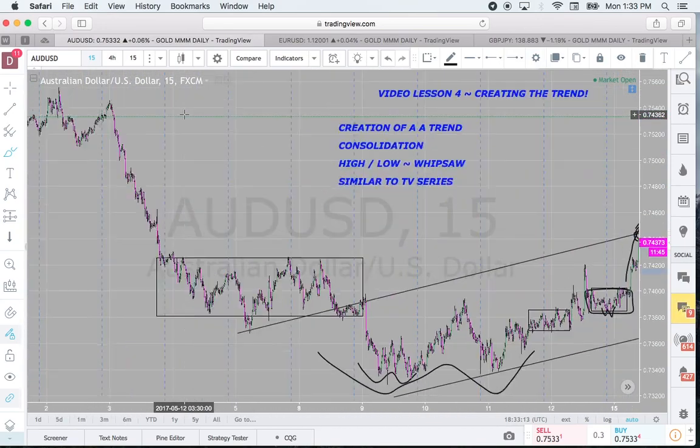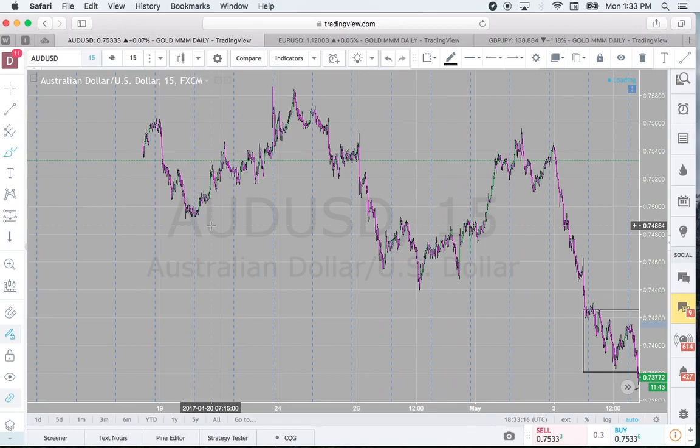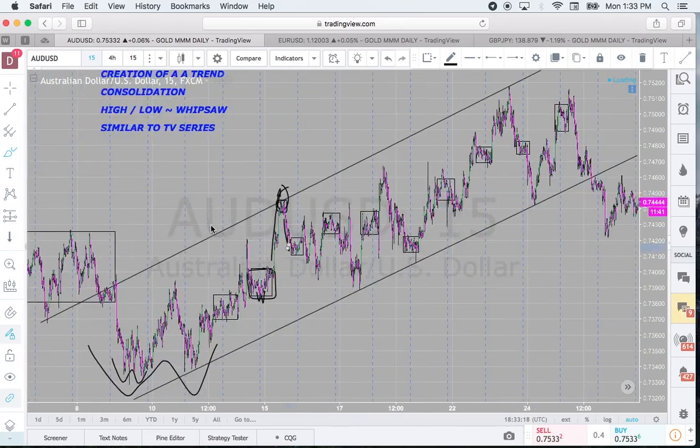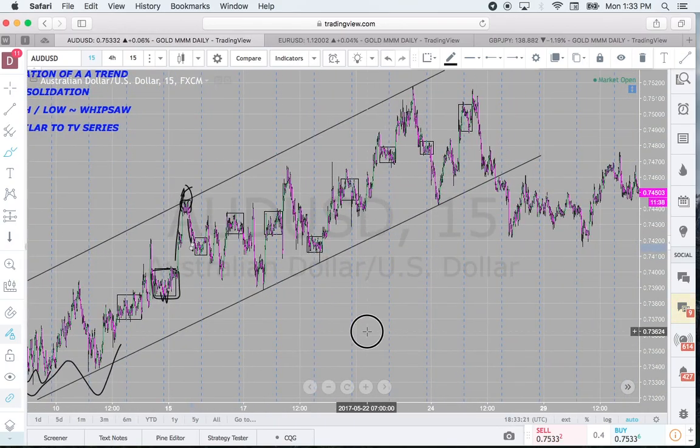So the dealer, let me find some blank space here. The dealer will start in consolidation, then hit the high and the low, and then end the day in consolidation once again. The dealer then hits either the low or the high once again.